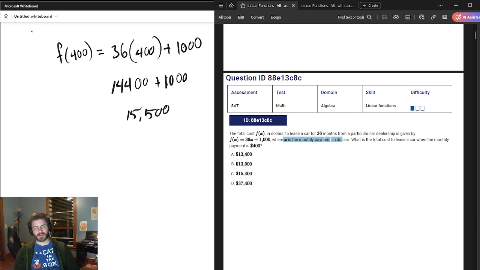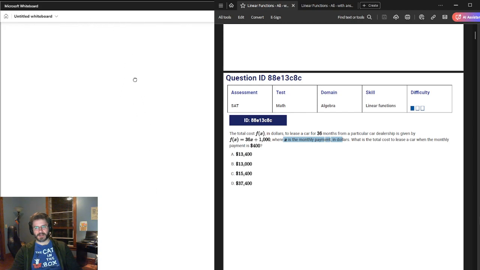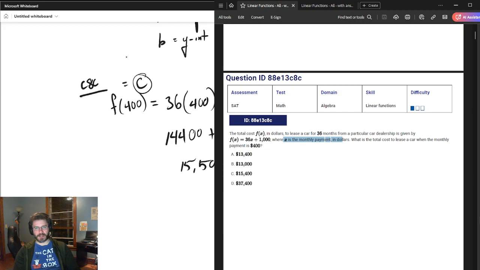So the answer, I'm just going to use the last 3 digits there, C8C, is C. I'll be checking my work after I do a few here. We'll call that number 1.